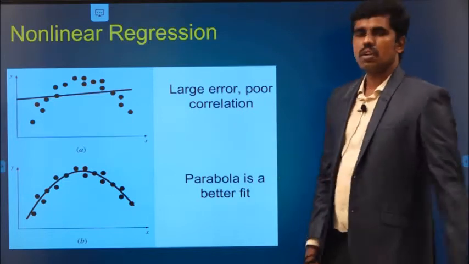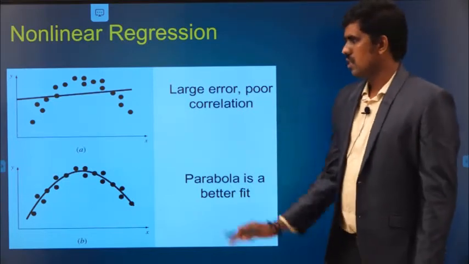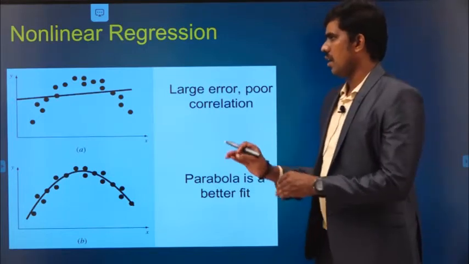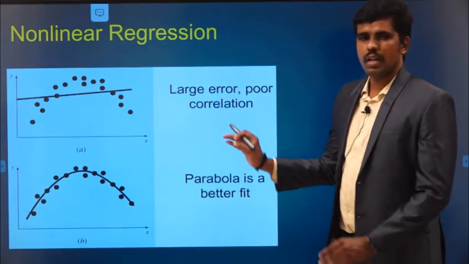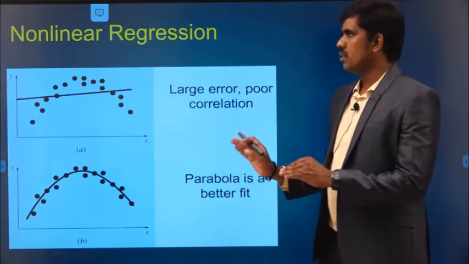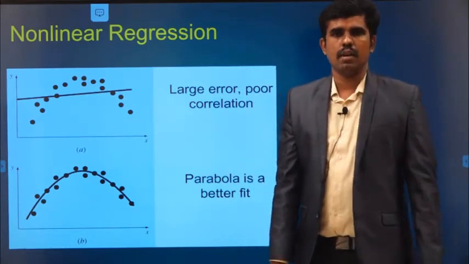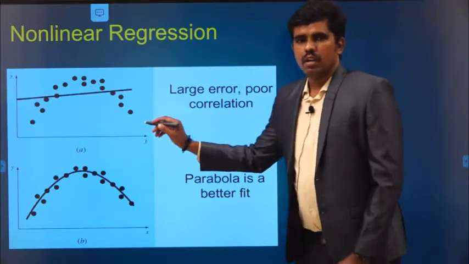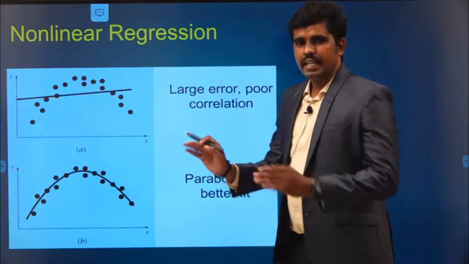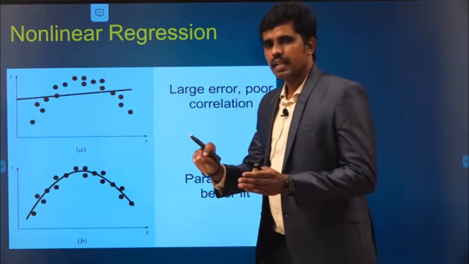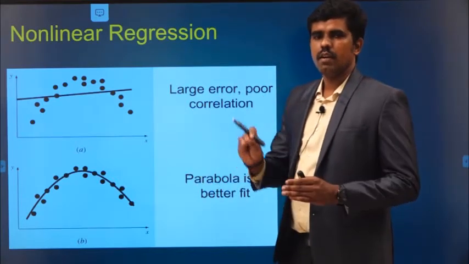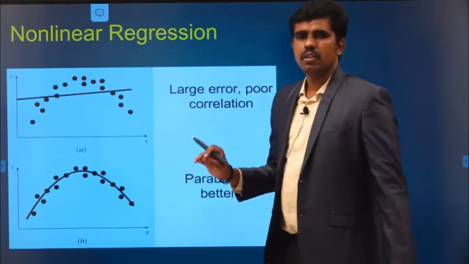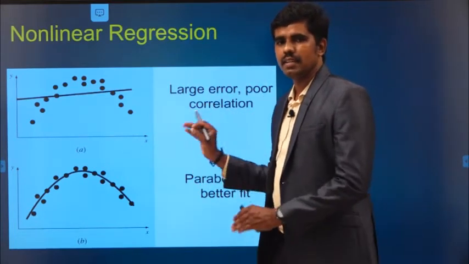Here it is called non-linear regression, since we are going to fit a parabola or any curve, but particularly in this case we are going to fit a parabola in non-linear regression. Depending on the given data points, depending on the plotted graph of the given data, you can understand why we need a parabola fit.